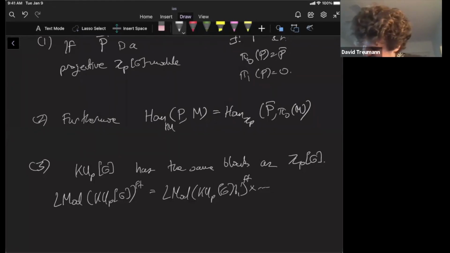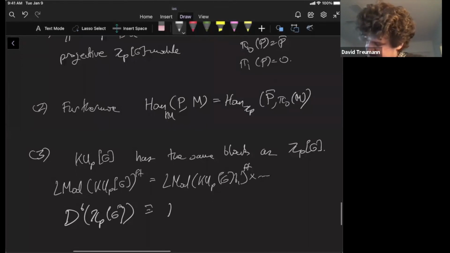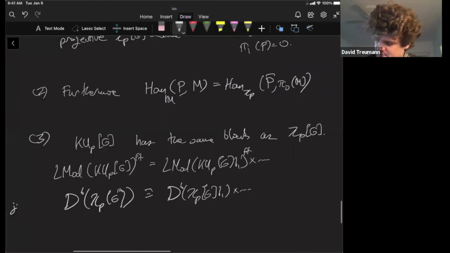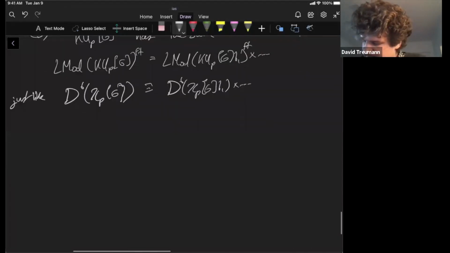It'll be a direct product of categories in the same way that the derived category of the group algebra is a direct product of triangulated categories. Okay. Maybe some differences.